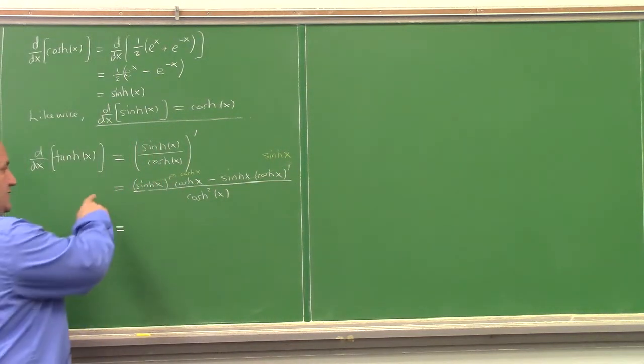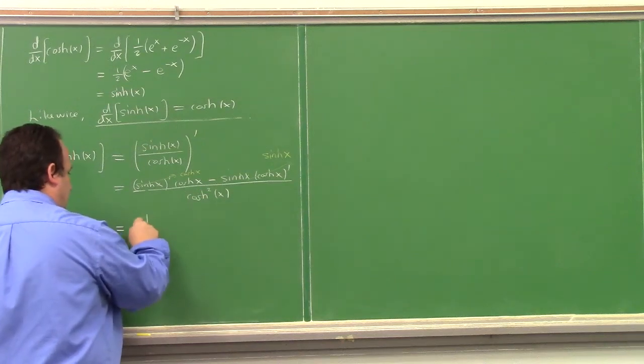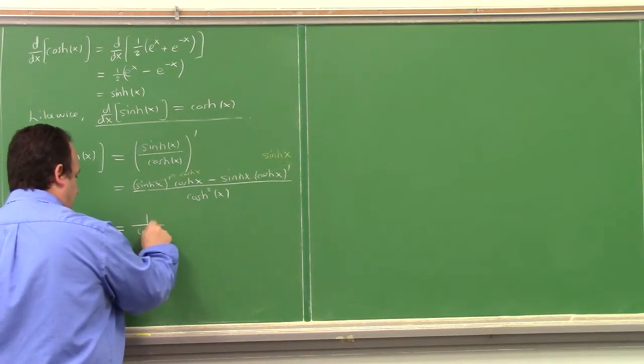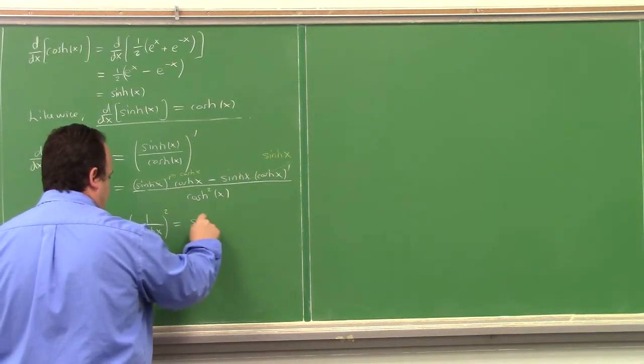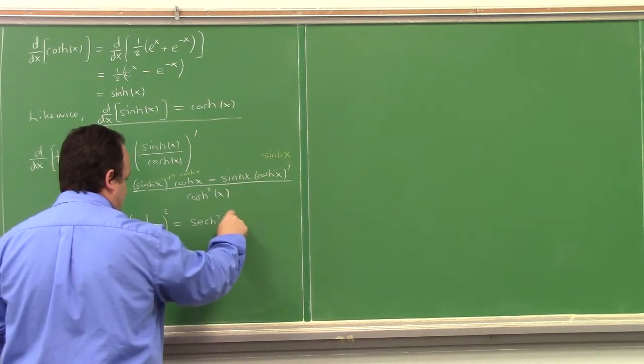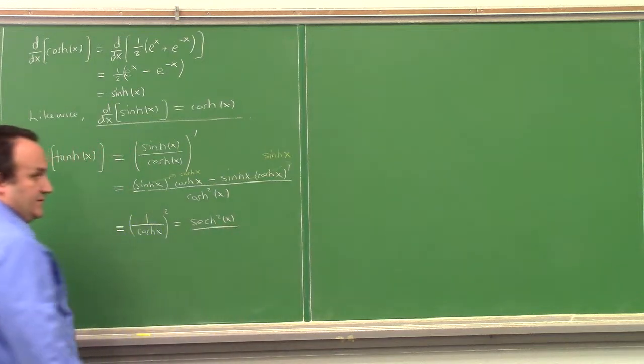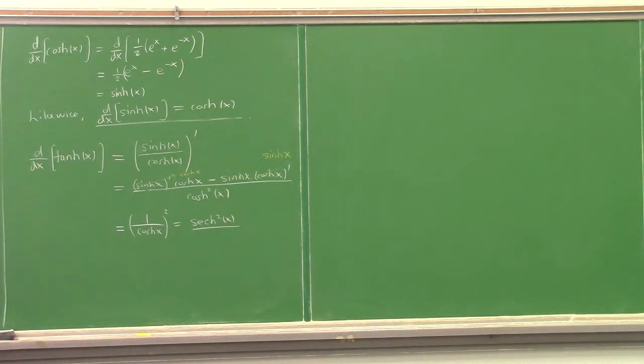So the numerator works out to 1. We get 1 over hyperbolic cosine of x quantity squared, which is to say hyperbolic secant squared of x. So there you go. Just like the derivative of tangent is 1 over cosine squared, which is, of course, secant squared. And we also derived that from the quotient rule.